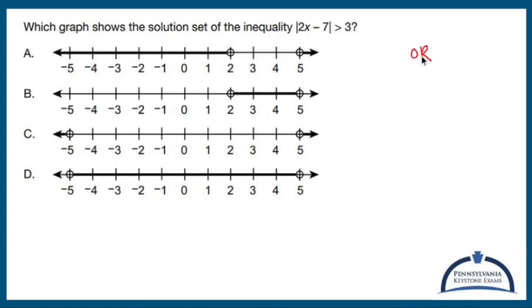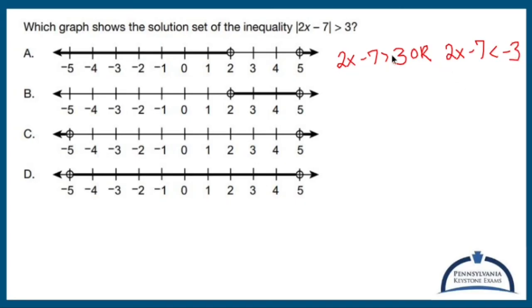The other major thing is you need to split this up into two separate inequalities. The first inequality is you literally rewrite that exactly the way it is, just without the absolute value. And the other inequality is you rewrite the left side, just drop the absolute value, flip the inequality symbol, and make the right side opposite.